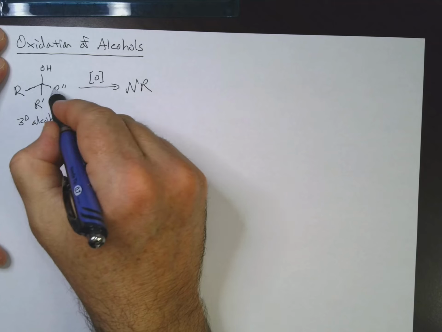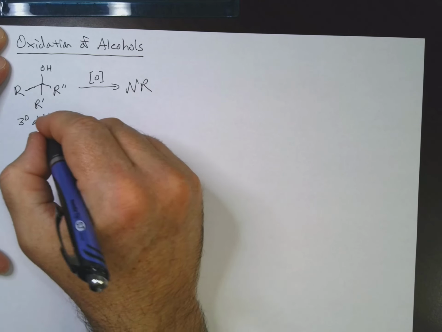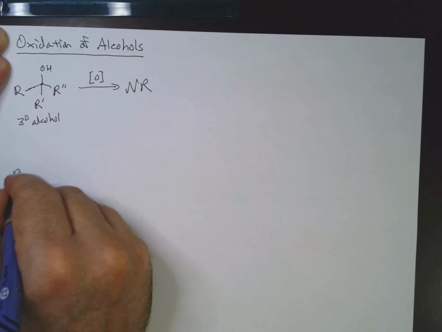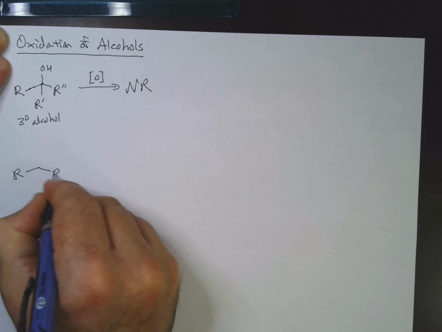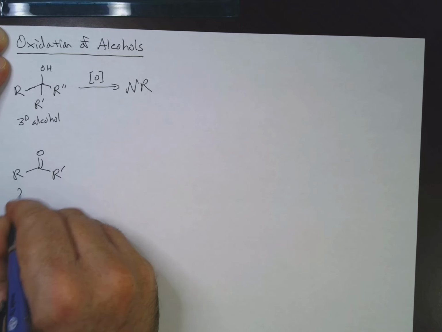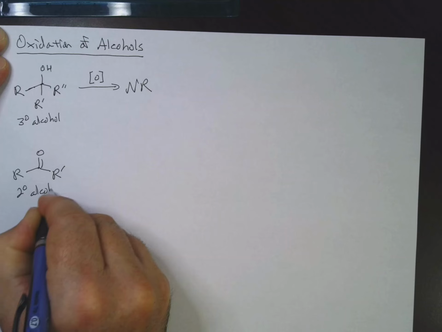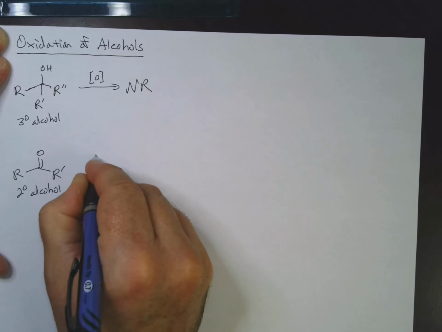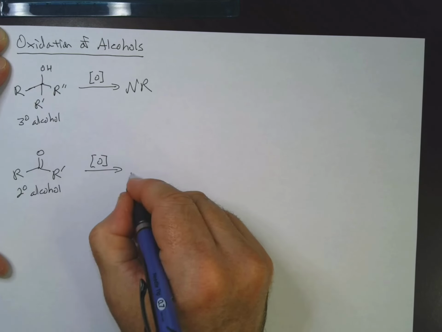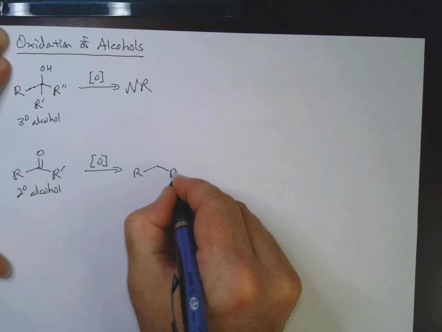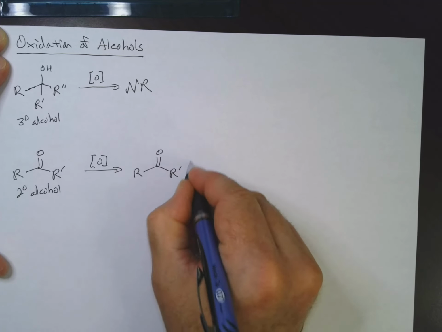It's just too difficult to break these carbon-carbon bonds here. Now, if I have a secondary alcohol, and I oxidize, I will get a ketone.